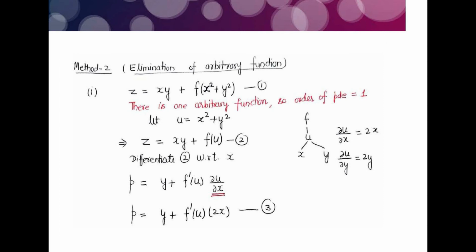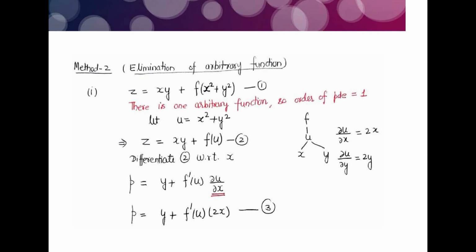Now this is the second method for the formulation of partial differential equations, elimination of arbitrary function. Consider the problem given in 1, z equal to xy plus f of x square plus y square.